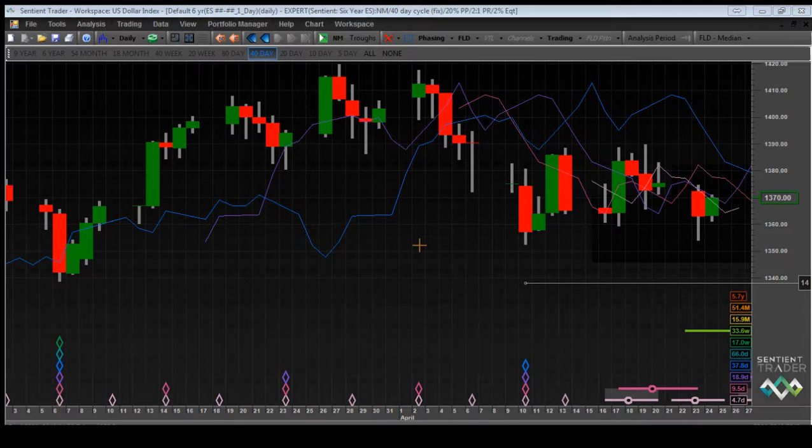Basically, Mark, the answer to your question is that in theory, if it was an ideal market, then yes, the mid-channel pause would coincide perfectly with an FLD cross. The markets, however, are not perfect. So the FLD cross will often happen before the mid-channel pause, or after the mid-channel pause, or sometimes right in the mid-channel pause.